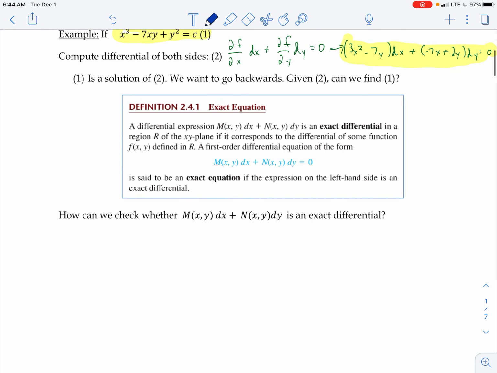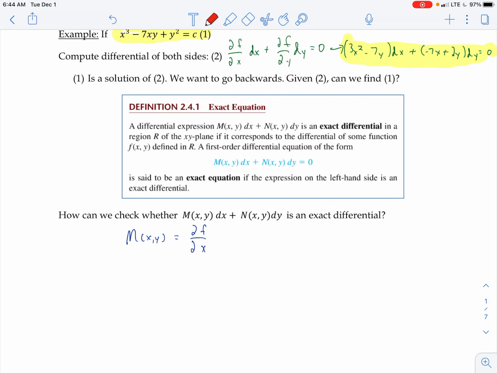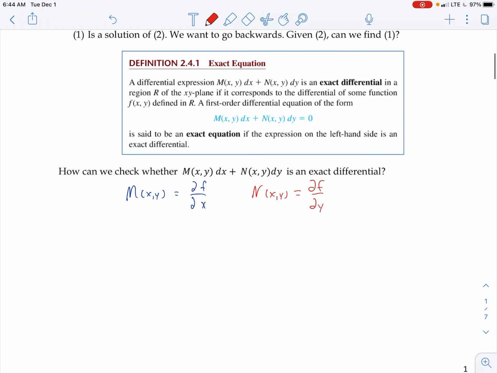If I have M of x y, one thing I know is that it's with dx. So what I had to do is take the partial of the original function with respect to x. Also, if I have N of x y, that function that's with my dy, then I know that in order to get my function N, it was the partial of f with respect to y.